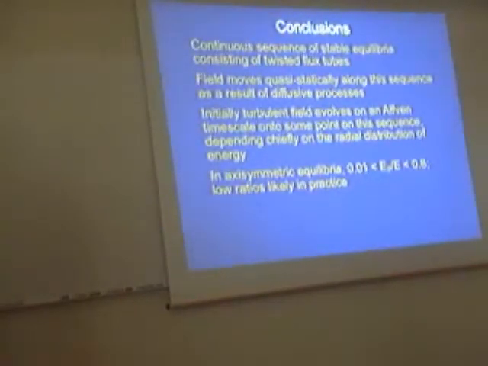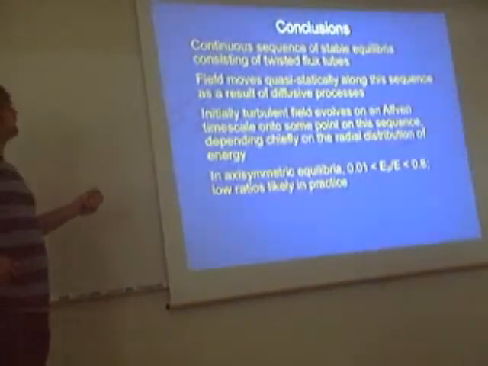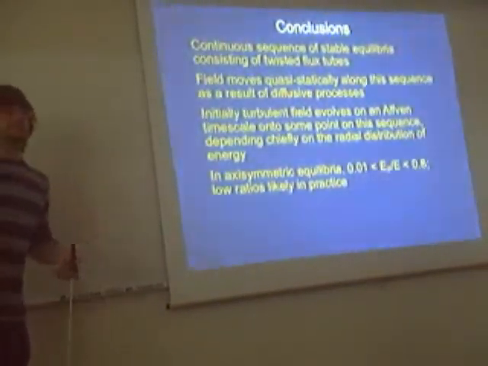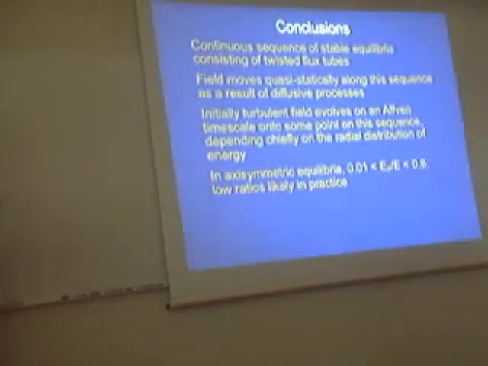So I'll just make some brief conclusions. There seems to be a continuous sequence of equilibria which are stable on a dynamical timescale. All of them consist of twisted flux tubes. The difference is in which pattern they're in. And diffusive processes make the magnetic field move along this sequence in one direction.